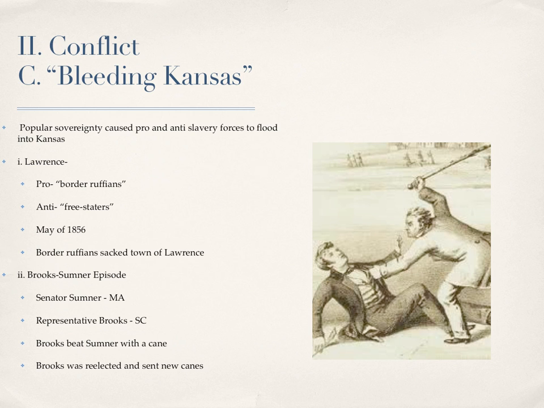Brooks feels that he has to defend this person, and ends up beating Sumner with a cane, and so badly that Sumner suffers nerve damage, goes to Europe to try to recuperate, and Brooks is reelected. People congratulate him. They send him new canes with notes of congratulations for beating this guy, and it's just kind of insane. If you can imagine us having two members of Congress getting into a fight of this severity.